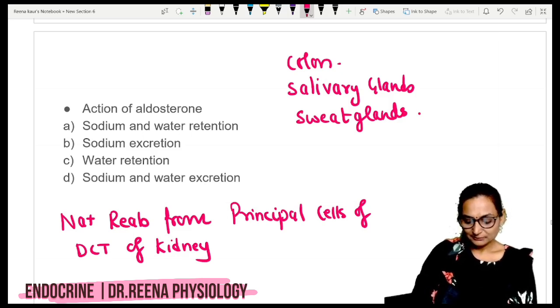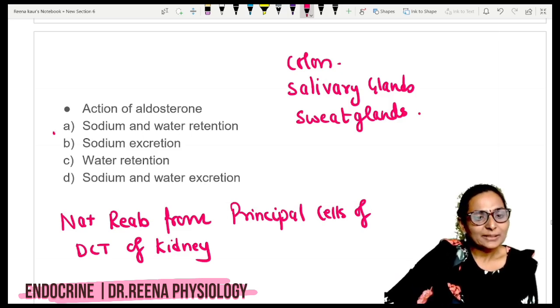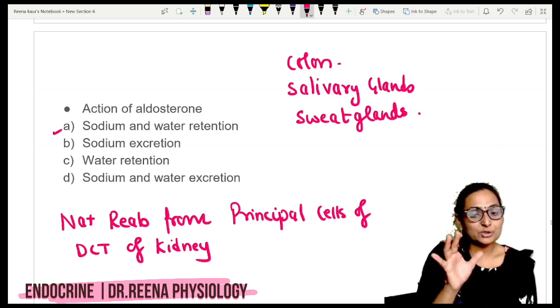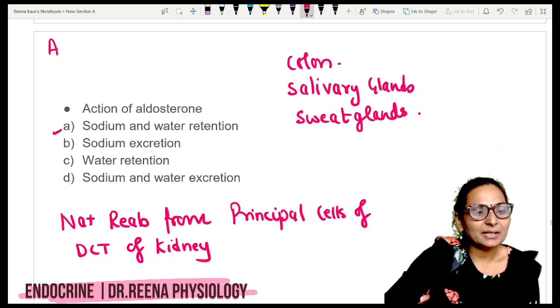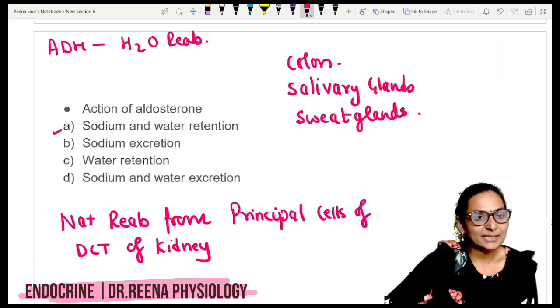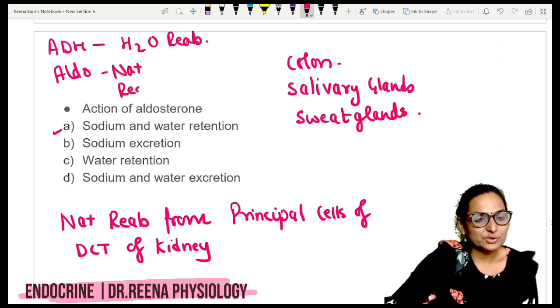Now, why does water reabsorption take place? As it reabsorbs sodium, its main action is reabsorption of sodium. See, be very clear. ADH's main action is water reabsorption, okay? But aldosterone's main action is sodium reabsorption.